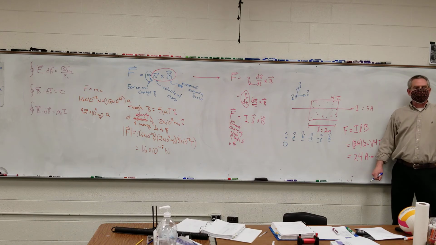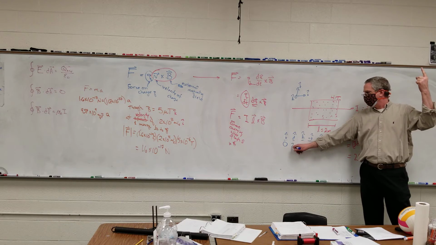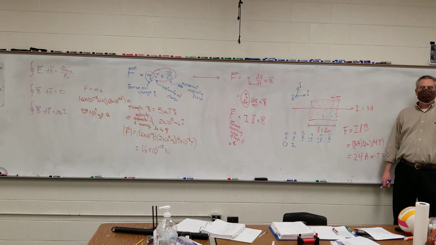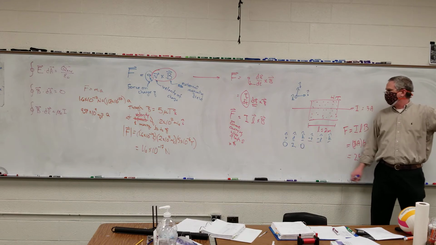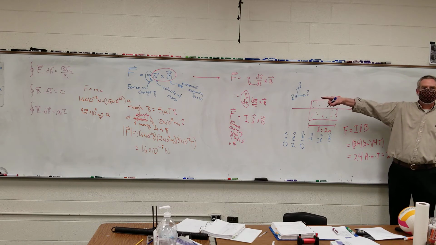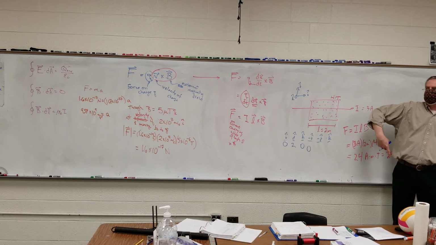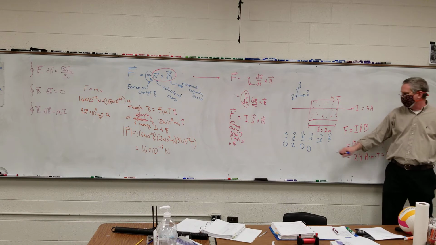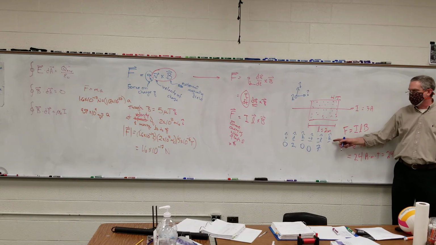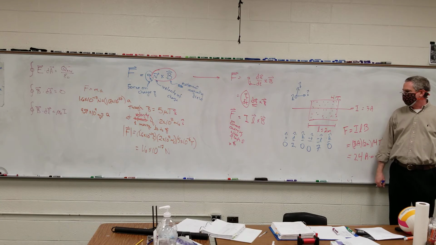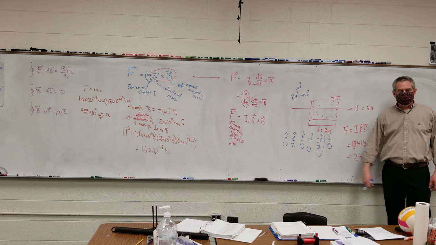Who says being forced upwards? Being forced out. Being forced in the negative I hat direction. Being forced down. And that means no one says it's being forced into the board. Hey, democracy works. It's being forced downwards.